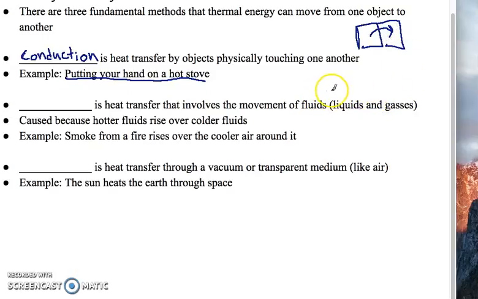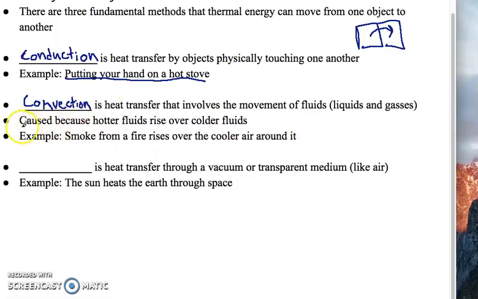The next method of heat transfer is going to be convection. That's going to be heat transfer that involves the movement of fluids. So fluids could be liquids or gases.